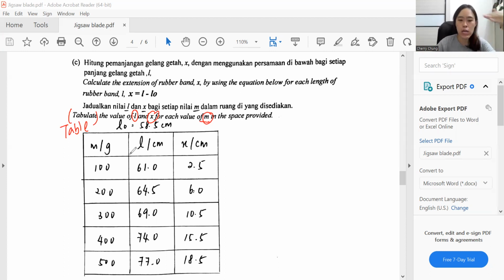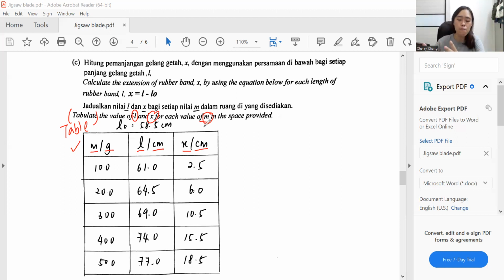Follow it. In your table, most importantly, your first row must be the symbol with the unit. Symbol, unit, symbol, unit. You see, very clear and simple. That's why in the previous part, I asked you to write down the symbol in the variables, so that you know this symbol belongs to MV and this symbol belongs to RV.